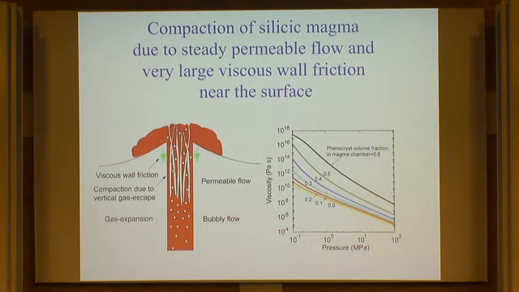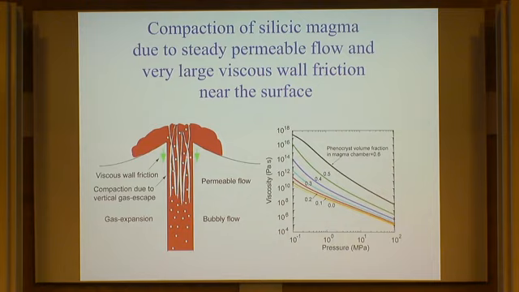So far, we recognize two important features in these equations. One is that in the case of lava dome magma flow, compaction of silicic magma is strongly controlled by very large viscous wall friction near the surface. And this is the viscosity of the crystal and liquid mixture as a function of pressure. Because of crystallization, as the pressure decreases and crystallization occurs, the viscosity increases drastically near the surface.